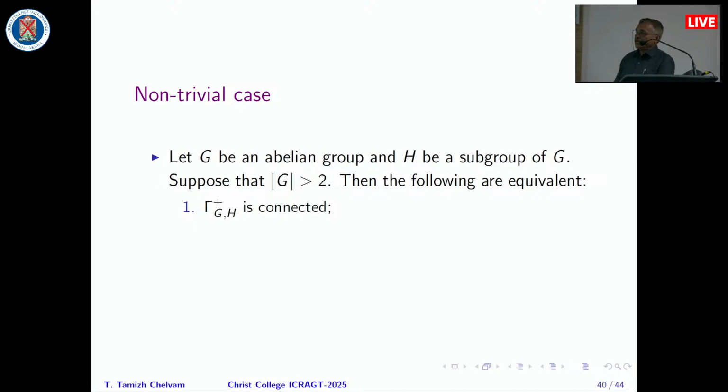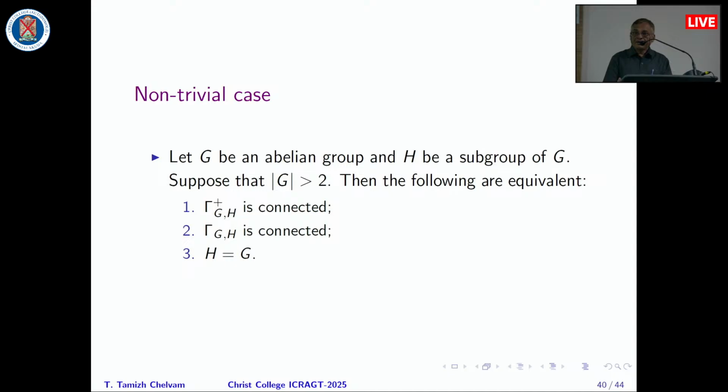Let G be a finite abelian group and let H be a subgroup of G. Suppose the order of G is greater than 2, then the following are equivalent: the extended subgroup sum graph is connected, the subgroup sum graph is connected, H is equal to G. That is why it is put up under this, H is equal to G. So what it means to say is that the subgroup sum graph is connected only when G equals H, otherwise it is disconnected.